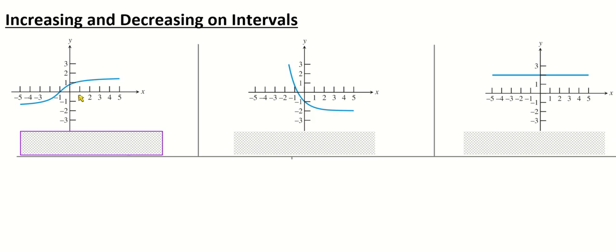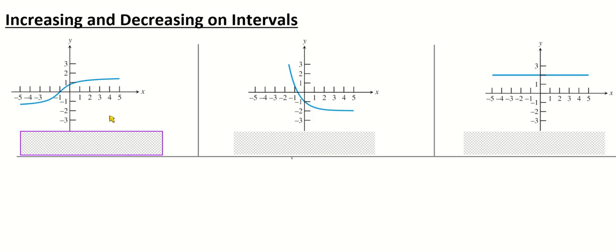So increasing and decreasing as an example. When I ask you to take a look at this graph, that's going to be the thing. We're just going to be looking at the graph. So it's almost like cheating. In calculus, you might not be allowed to just look at the graph. There are other ways we learn to answer this kind of thing in calculus.